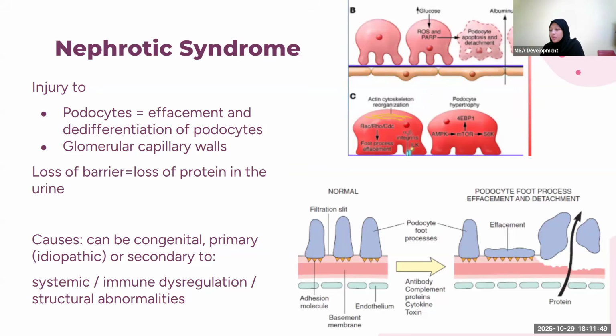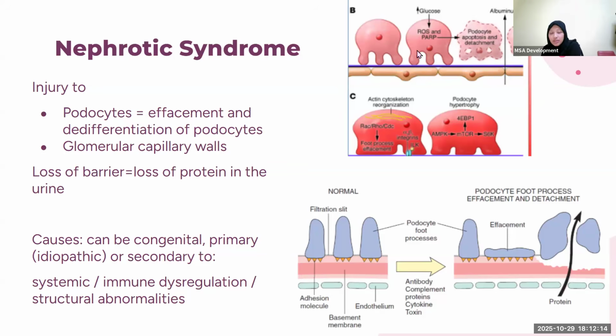Now, okay, so damage to podocytes will cause something called effacement of podocytes. Podocytes are supposed to be, sorry, not flat. They're supposed to be in kind of this shape with a flat surface at the bottom, and that makes filtration slits where urine can go through.